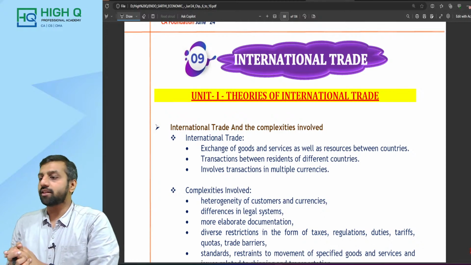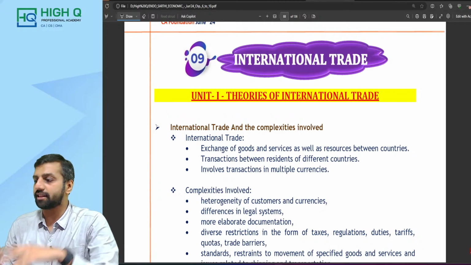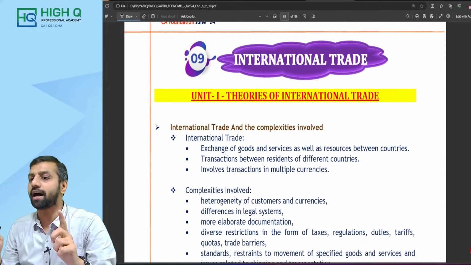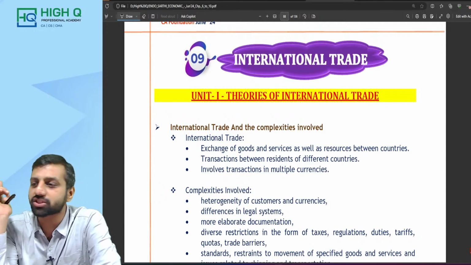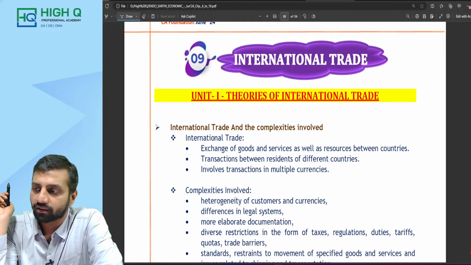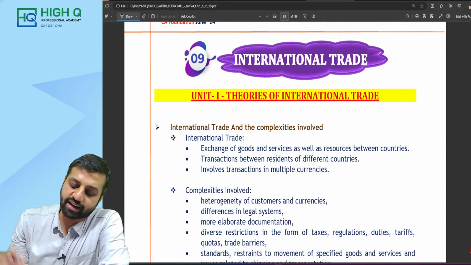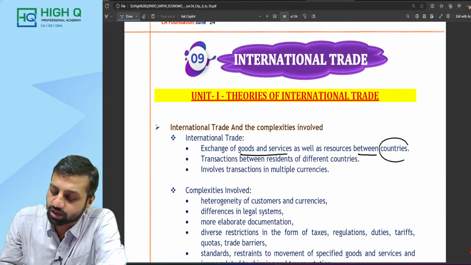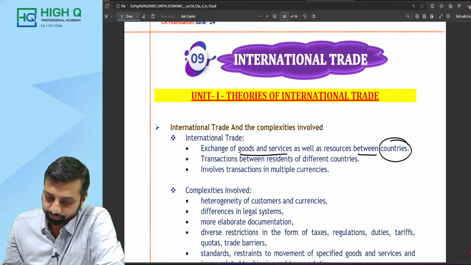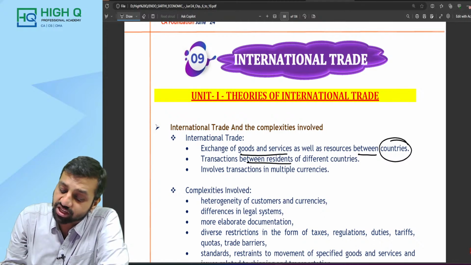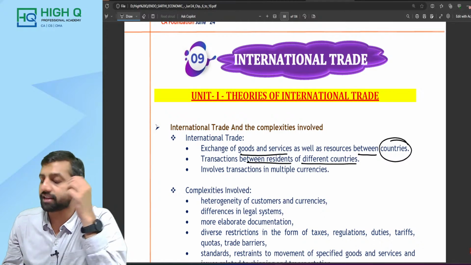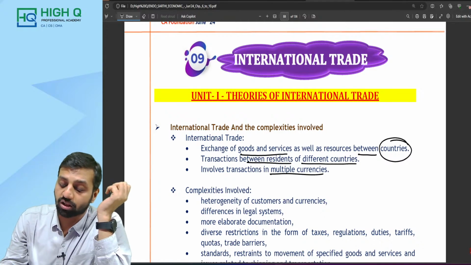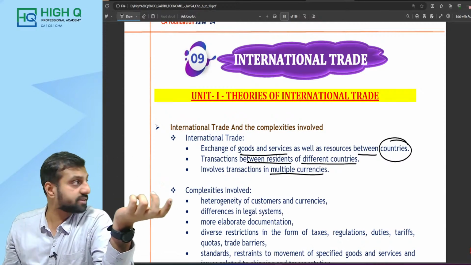All right, I don't see any doubts coming from your end. So I am starting with the last part, that is international trade. International trade is basically exchange of goods and services as well as resources between countries. It is the transaction between residents of different countries, and it involves transaction in multiple currencies.